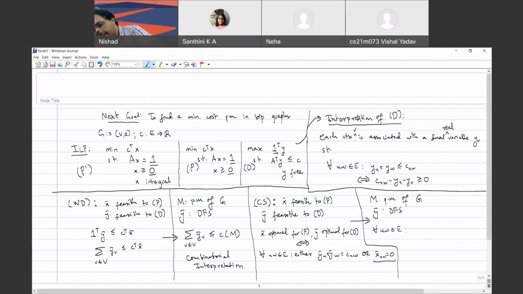If e belongs to the perfect matching, then it must be the case that the two dual variables add up exactly to the cost of the edge.